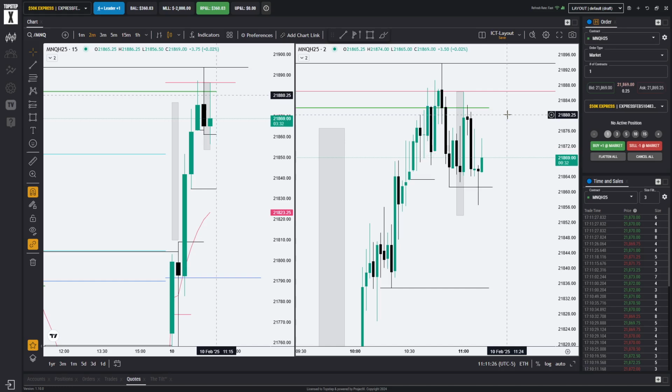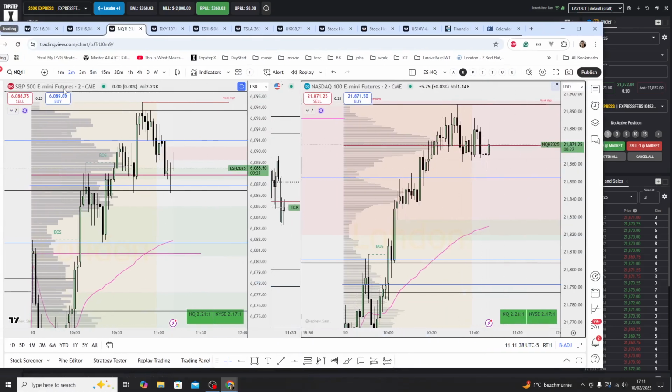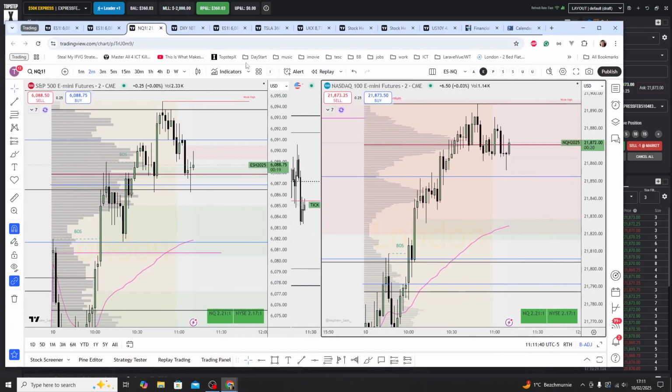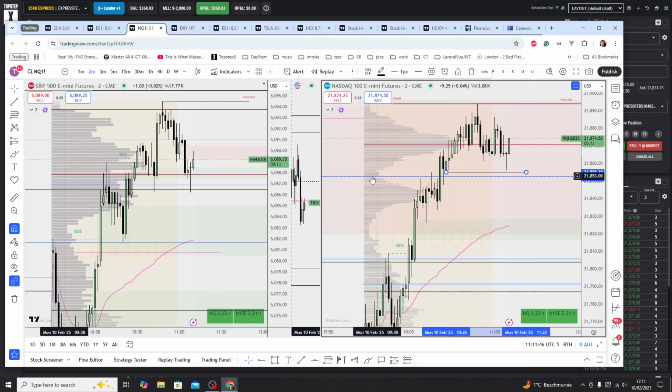You're thinking, oh yeah, that's the target. This is where we're supposed to go. I was basically thinking about this here, the low here. And if you look at volume profile as well, technically we got there into this low volume node.